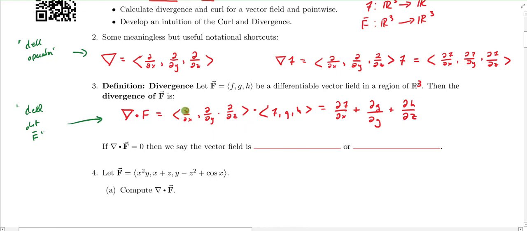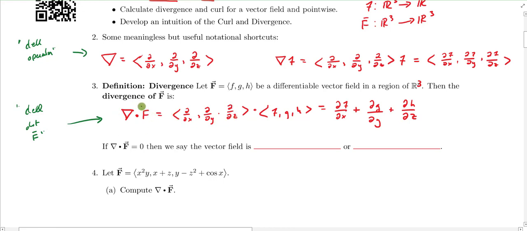The only difference is that instead of a vector to do the dot product with, we've got this vector looking thing that has the derivative operators, but we still perform the dot product as we always have. So again, this notation itself is meaningless. It has this meaningless del vector.